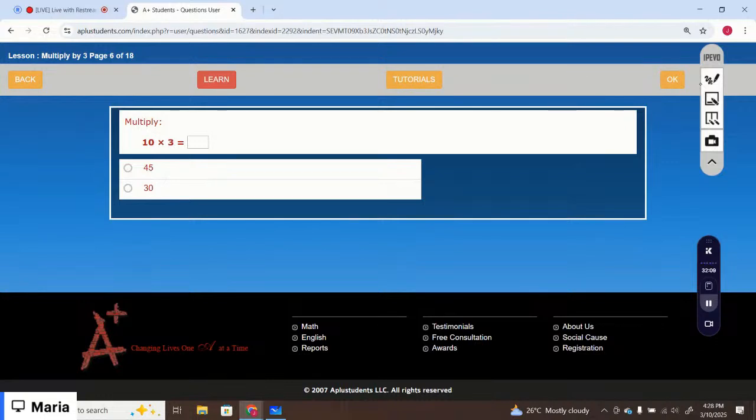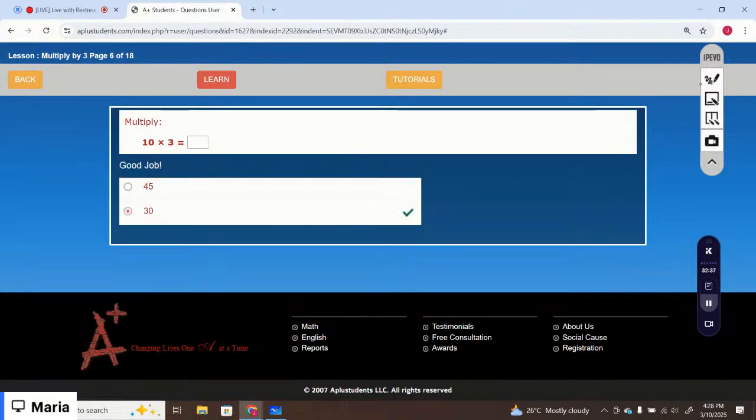Ten times 3 equals 30. Option number 2 is the correct option.